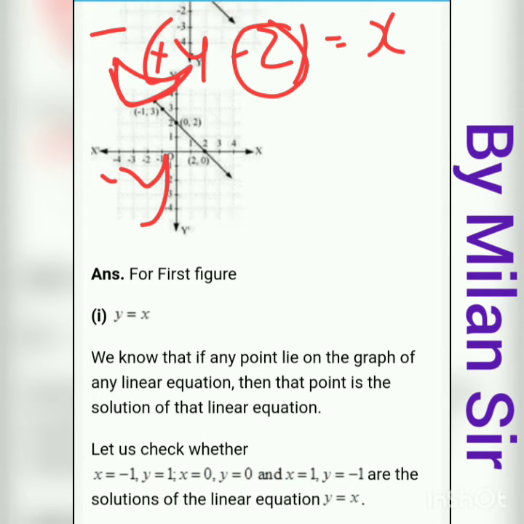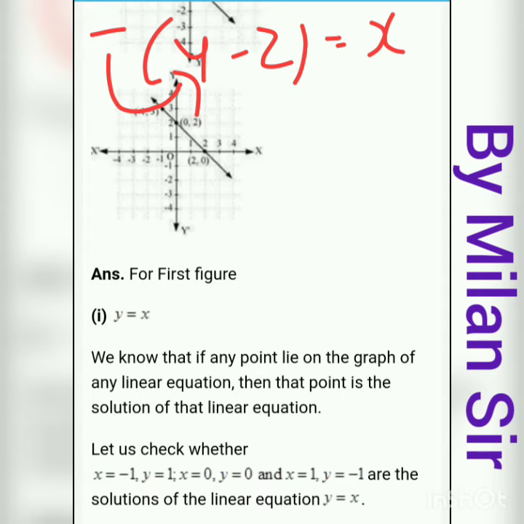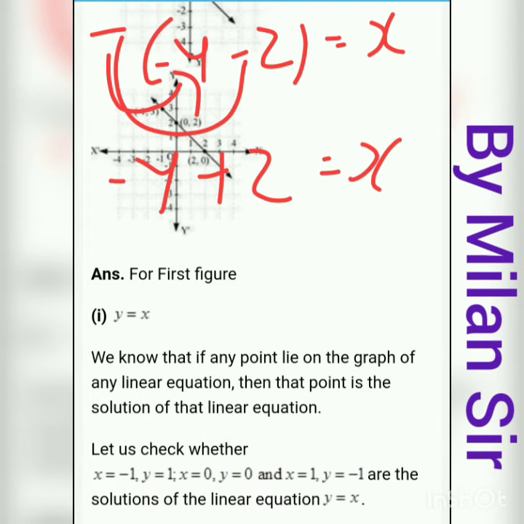Again I repeat these things. Here before the bracket we have negative sign, right? So just multiply this negative sign with this bracket, so here minus y, minus minus plus 2 is equals to x.